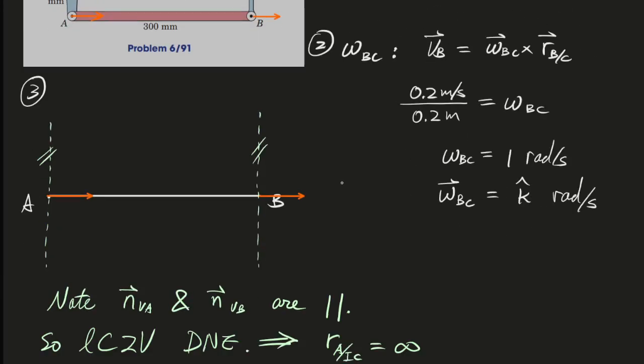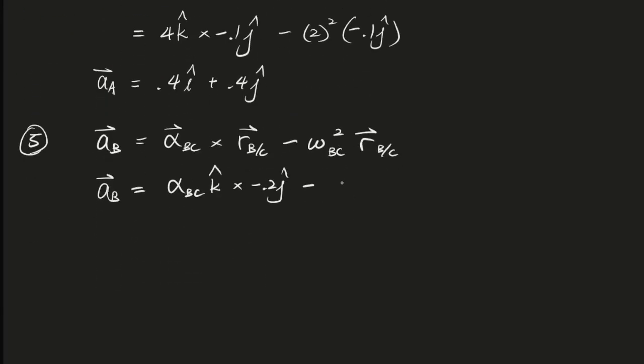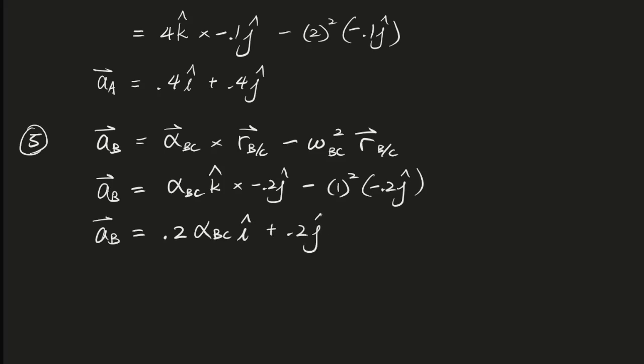Yes, I did. Omega of BC is 1. So I'll say 1 squared multiplied by negative 0.2 in the j direction. And I will get a vector AB is equal to 0.2 times alpha BC's magnitude in the I direction plus 0.2 in the j direction.